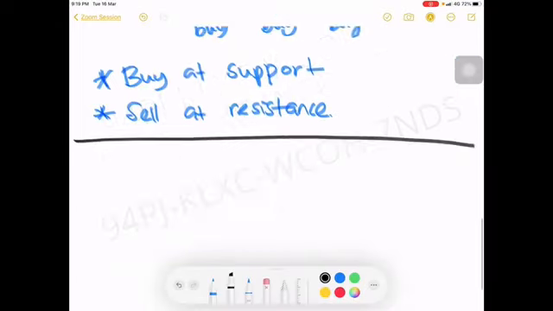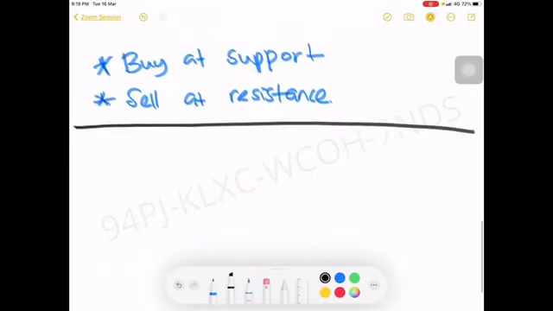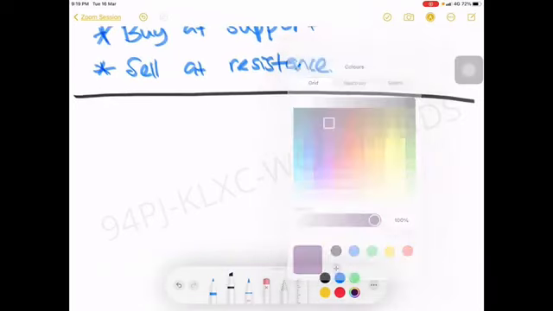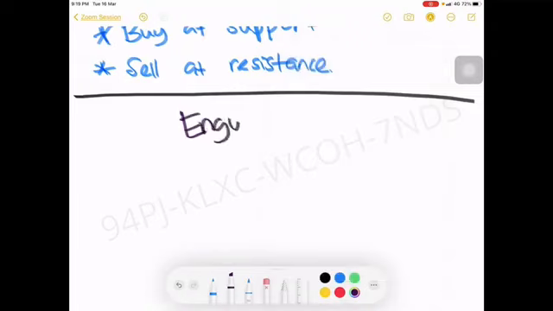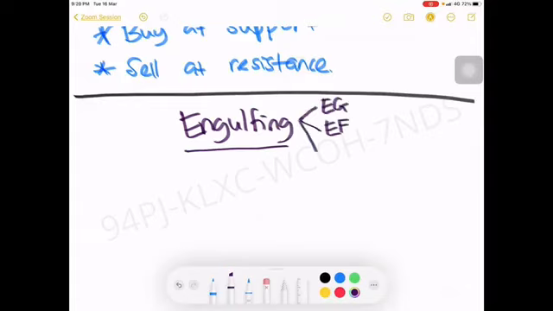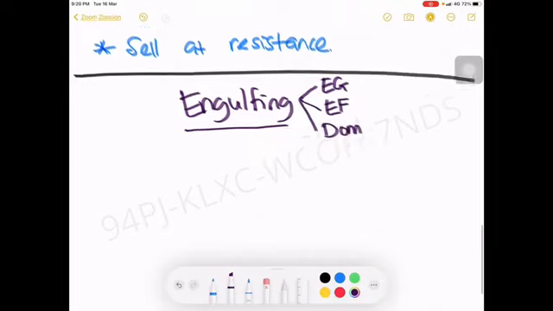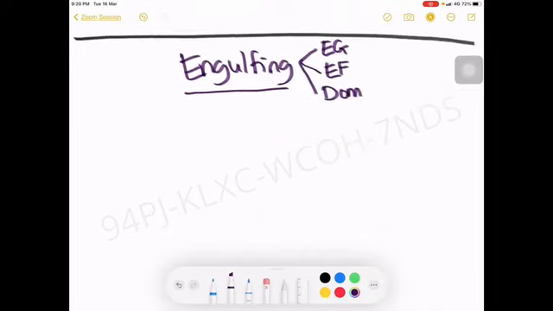All right. So I'm going to go with engulfing. Now we are at engulfing. There are three types of engulfing. We have engulfing, just a normal one, and then we have EF, and then we also have DOM. Now we're going to learn about the EG first.